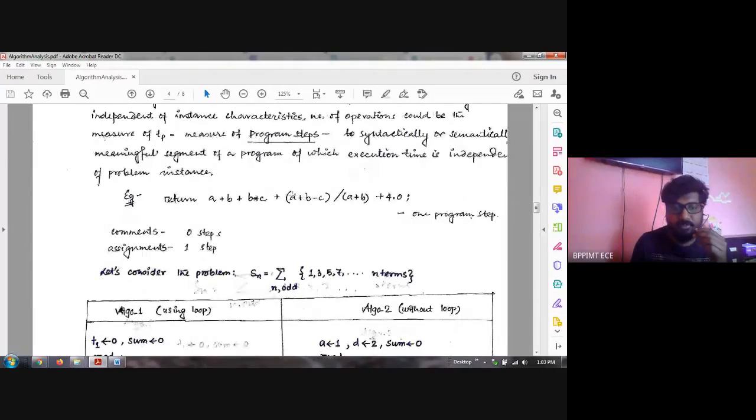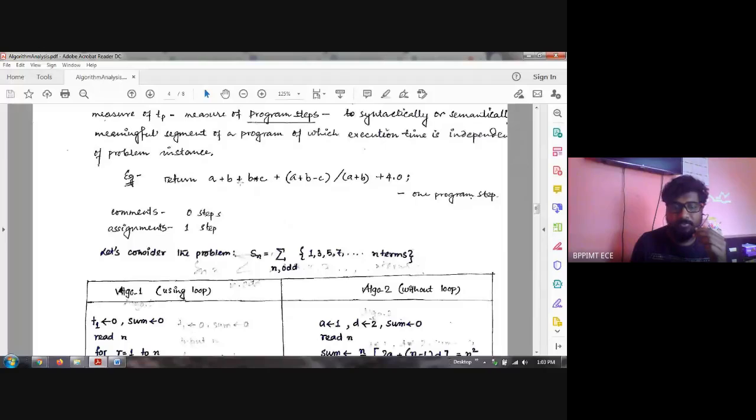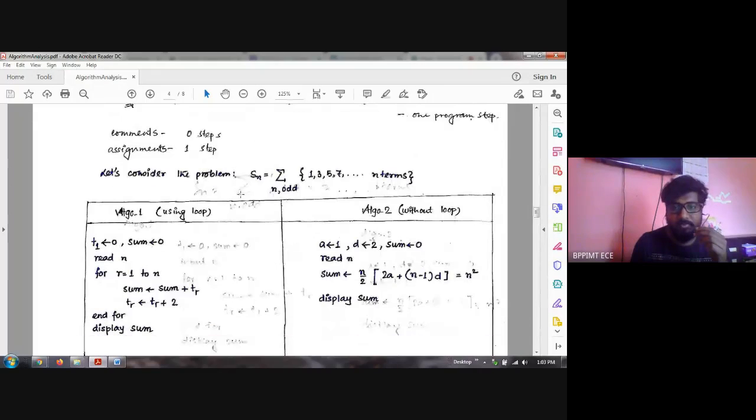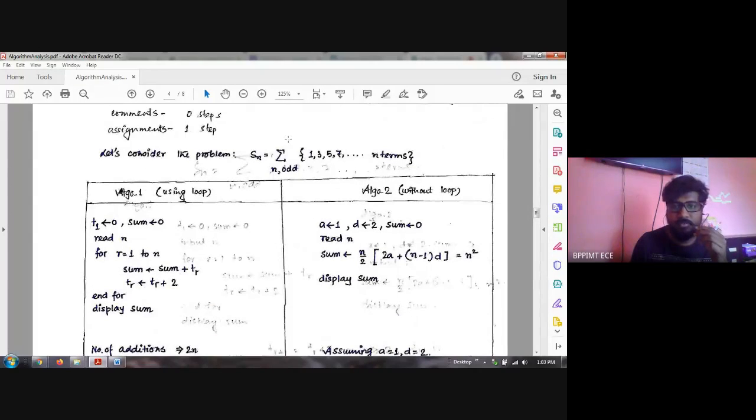So for example, we now come to this case. Let's consider the problem Sn. Sn is again the summation of n number of elements. This is one specific example of the previous part, which we discussed in the space complexity.